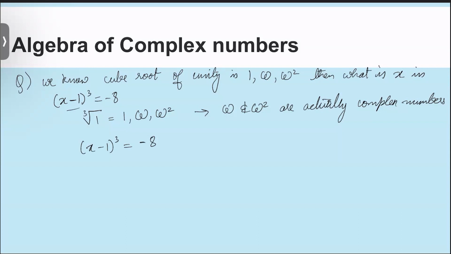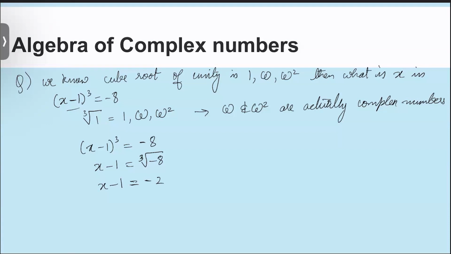Okay. So if you take the cube root on both sides, you have x minus 1 equals cube root of -8. Now over here, you can see the difference: you can actually find the cube root of a negative real number, whereas we could not find the square root of a negative real number. So this is -2.